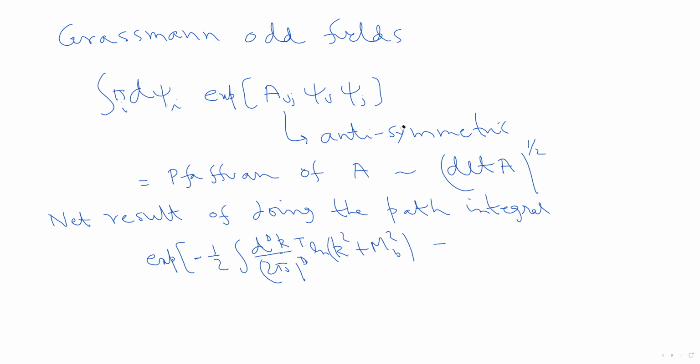And it is trace log. So here you think of the m boson square and m fermion square as the mass square matrices.